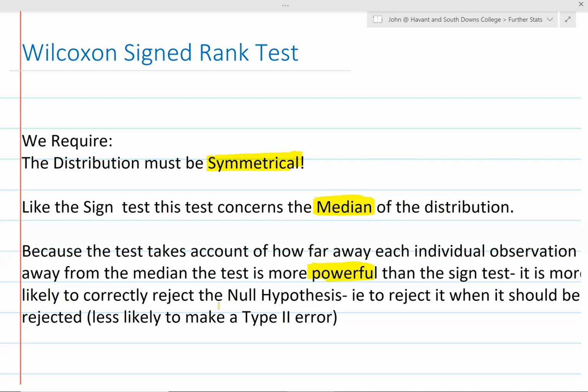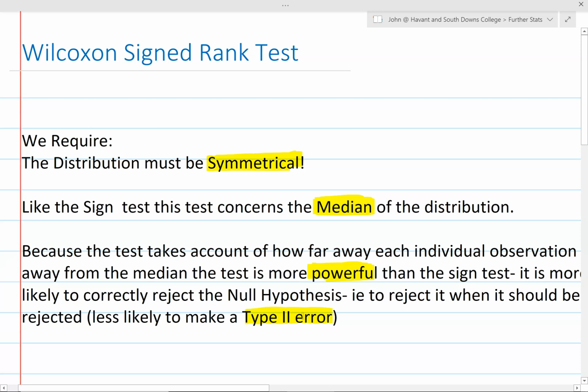For those of us doing OCR, you're not required to understand the detailed definition of type 1 and type 2 errors. The type 1 error, though, is where you incorrectly reject the null hypothesis, whereas a type 2 error is the other way around, where you should reject the null hypothesis but you don't. A type 2 error is sometimes called, more colloquially, a false negative.